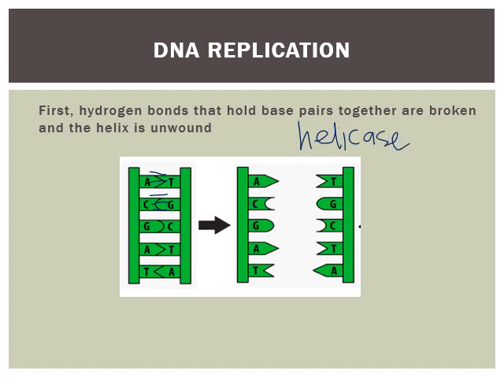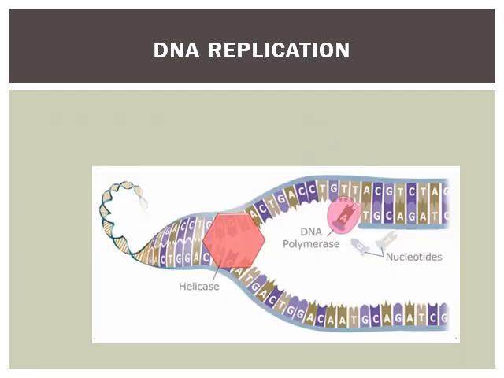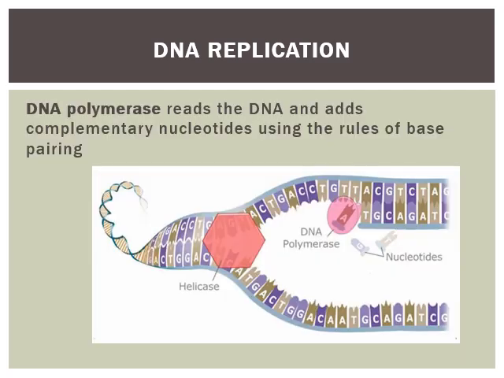This is the very first thing that has to happen. And basically it comes in, breaks all of the hydrogen bonds right up the middle of those rungs of your double helix, holding the bases together so that they can separate. So helicase is kind of like what's going to go through and unzip your DNA. Okay, so there's helicase unzipping the DNA.